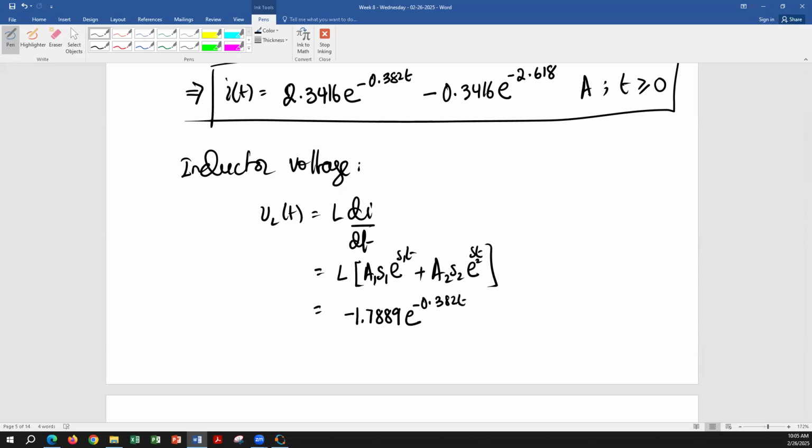And A2 times S2 times L is 1.7889, which is the opposite of that, of course, because eventually current is going to go down to 0. Initially negative, what was that? Negative 2.68.